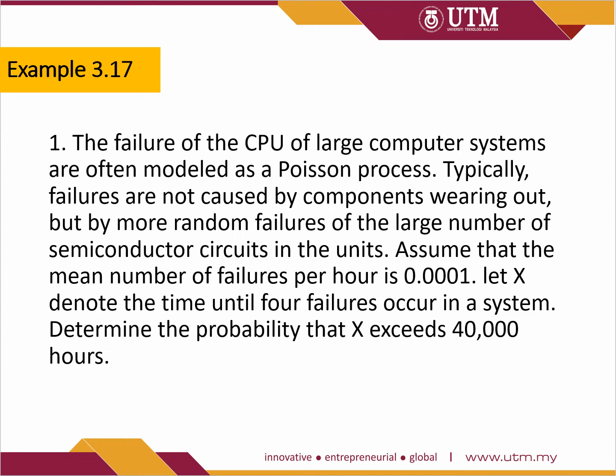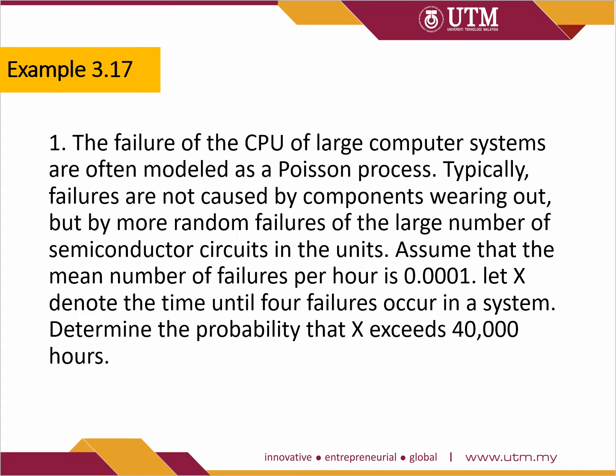So now let's try this example. The failure of the CPU of large computer systems are often modeled as a Poisson process. So typically, failures are not caused by components wearing out, but by more random failures at the large number of semiconductor circuits in the time.